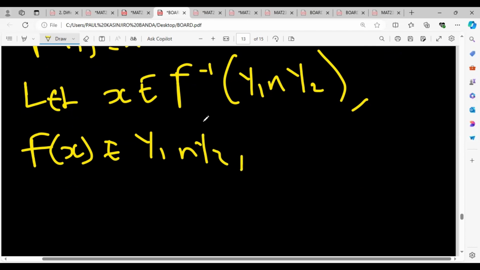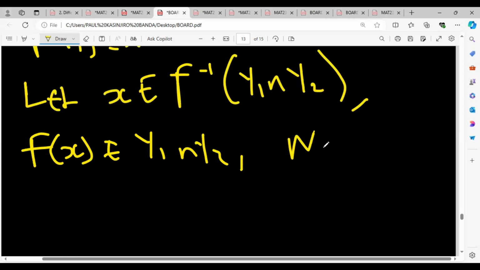Which means that what? It means that we can find an x which is a member of the inverse of Y1, and we can also find an x which is a member of the inverse of Y2.